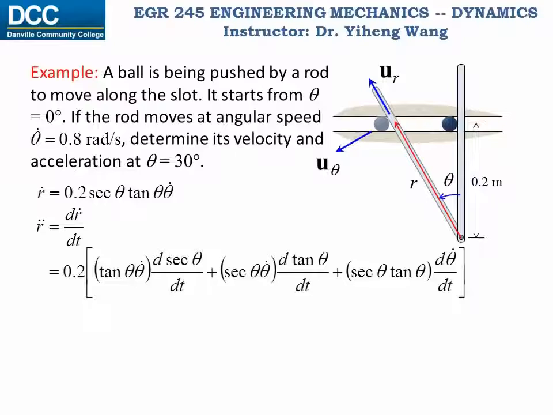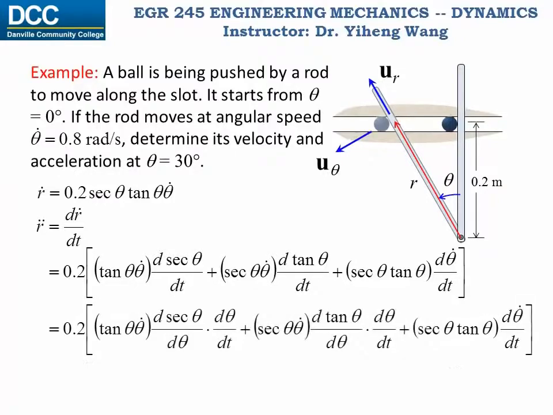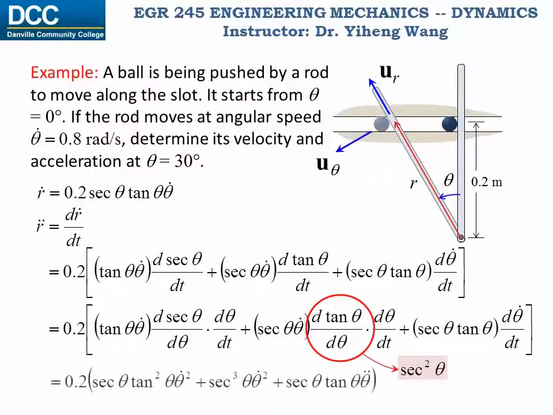And we apply the chain rule again twice, here and here. And because d(tangent theta)/d theta equals secant theta squared, we can get our result to be this. Notice here, theta double dot is the angular acceleration.